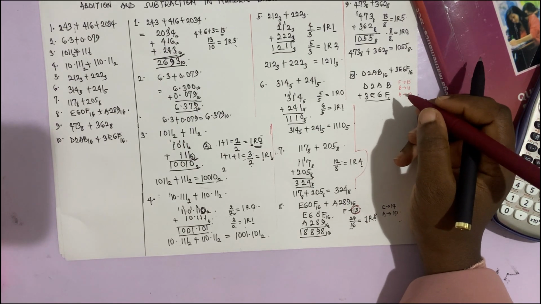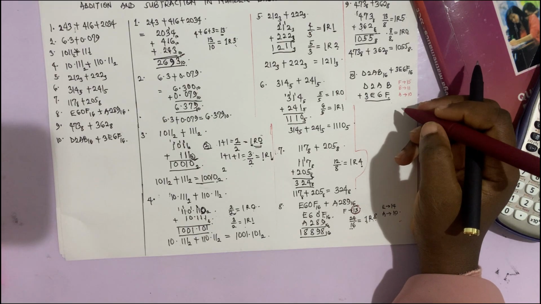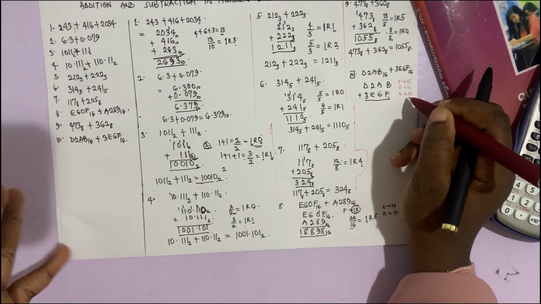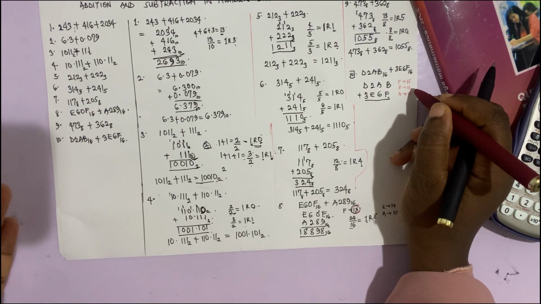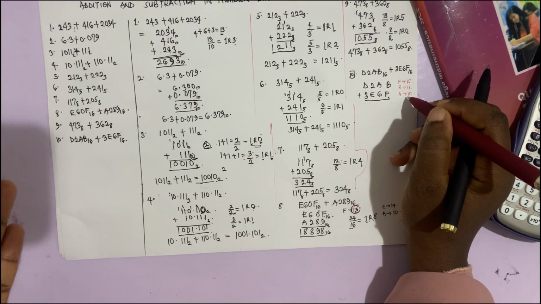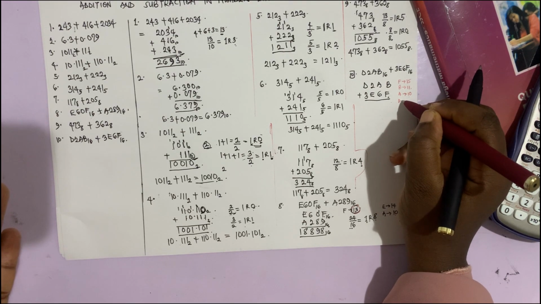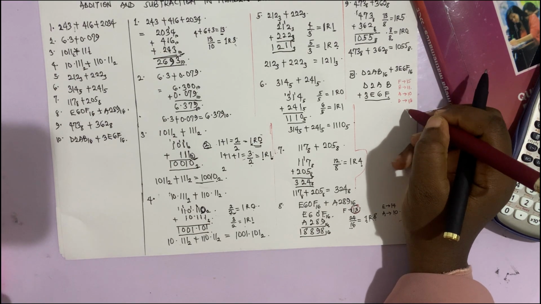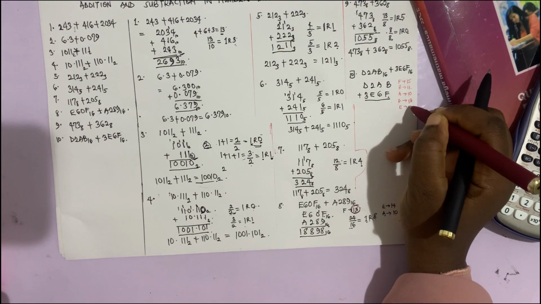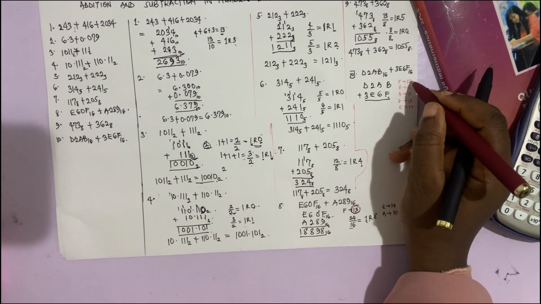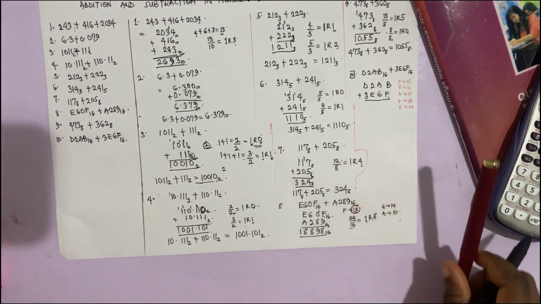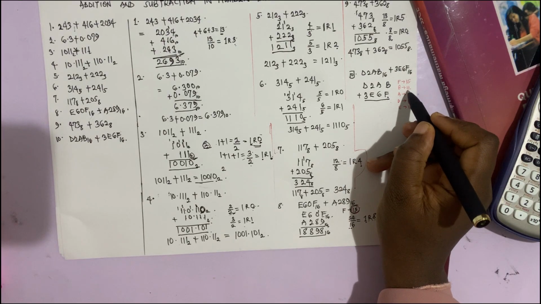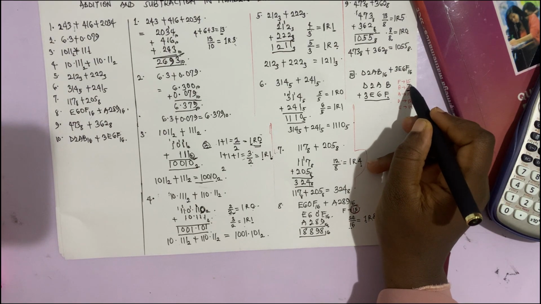If you have forgotten, let me quickly refresh your memory that in base 16 we have digits 0 to 9, then A as 10, B as 11, C as 12, D as 13, E as 14, and F as 15. So if we say B plus F, we are actually saying 11 plus 15.